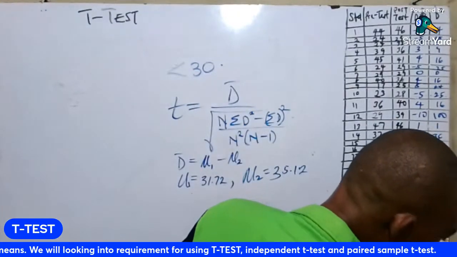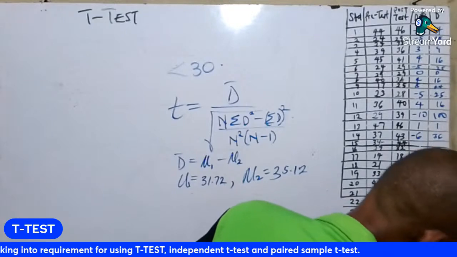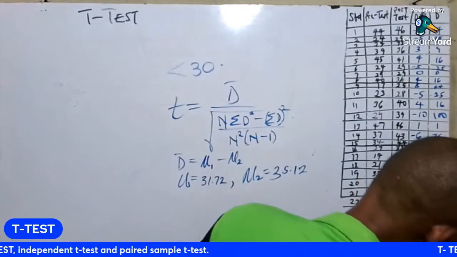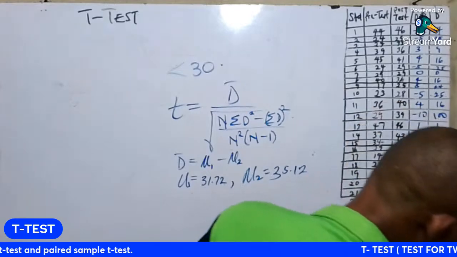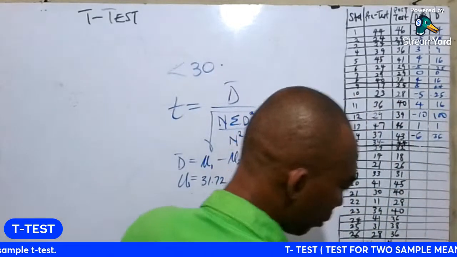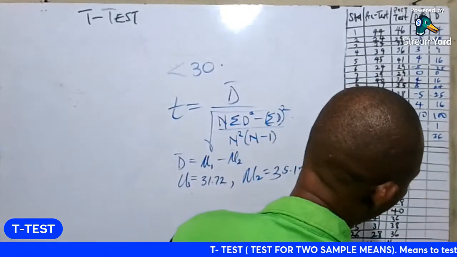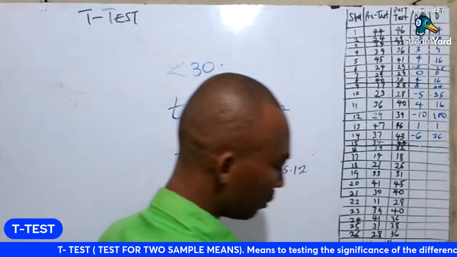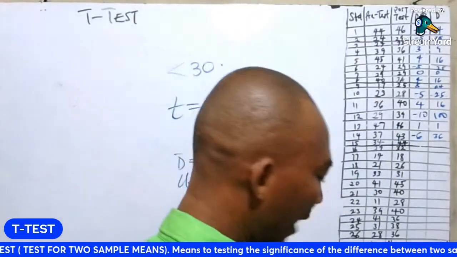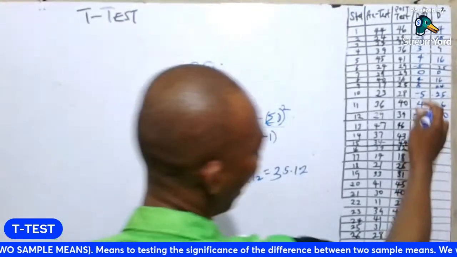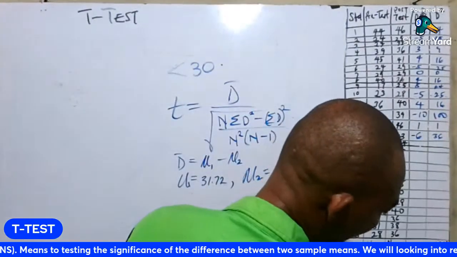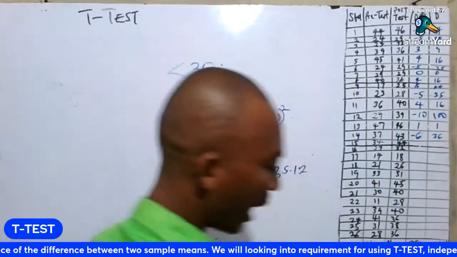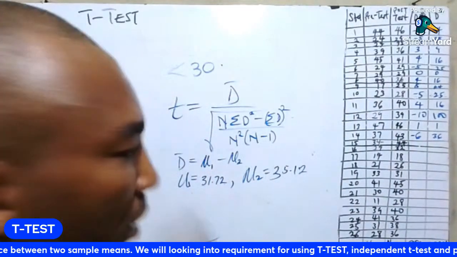So the value of our d square is 1084. And the value of our d, when you add everything together here, will give me 88. So is that clear now?